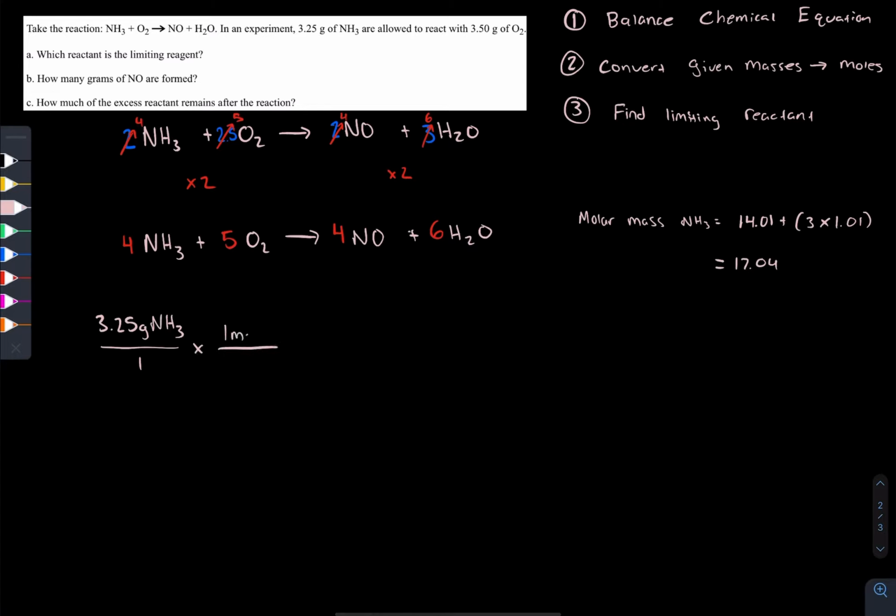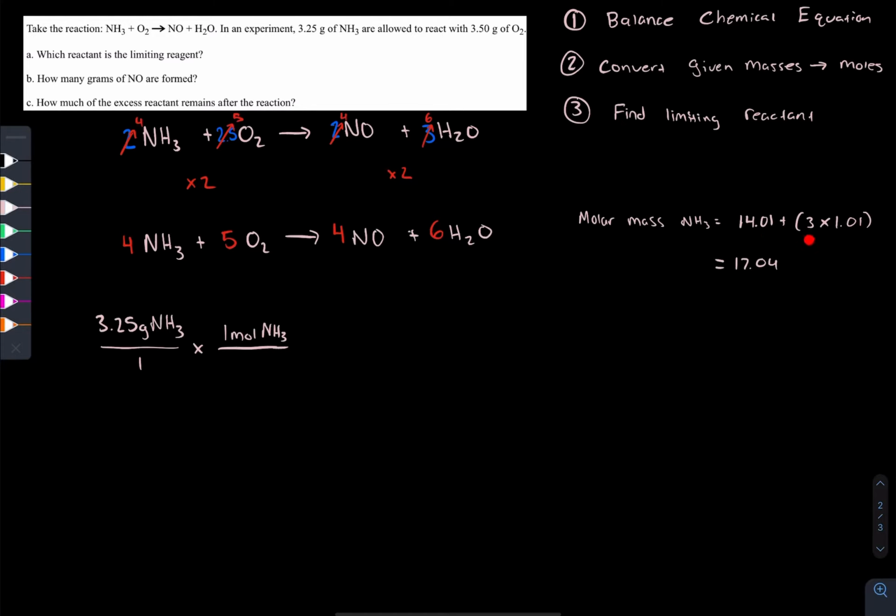So we're going to do 1 mole of NH3 is equal to, and on this side of the page, I already did it beforehand. 1 mole of nitrogen is equal to 14.01 grams.